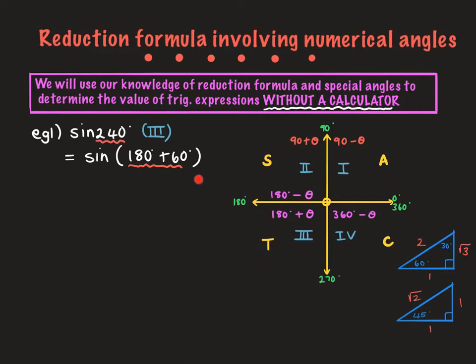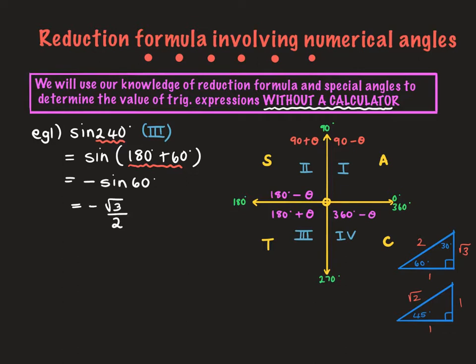When you apply your reduction formula, instead of theta I actually have a numerical angle, and I'm going to reduce down to that numerical angle, knowing that in quadrant 3 my function is negative. So I reduce down to negative sine of 60. Now using your special triangle, sine of 60 is opposite over hypotenuse. So my answer for this is negative root 3 over 2.